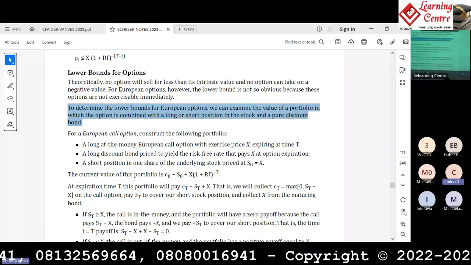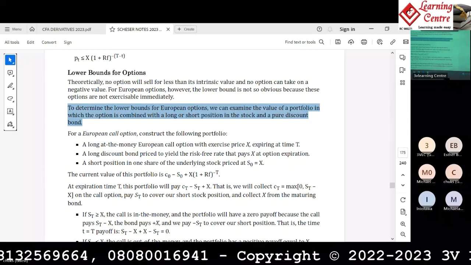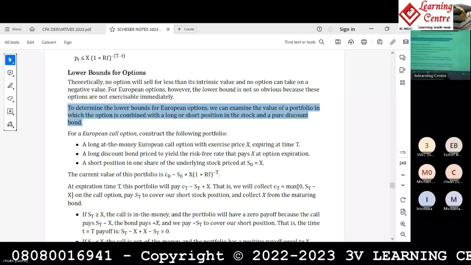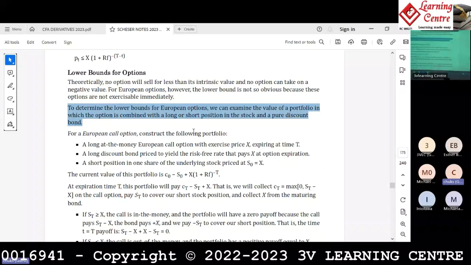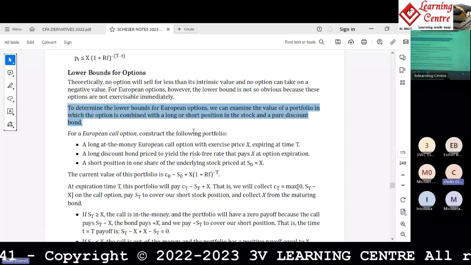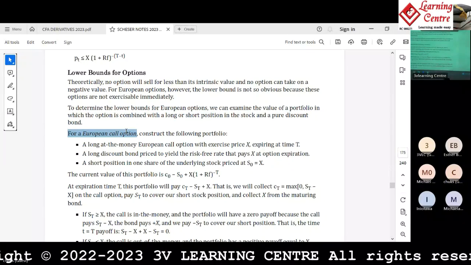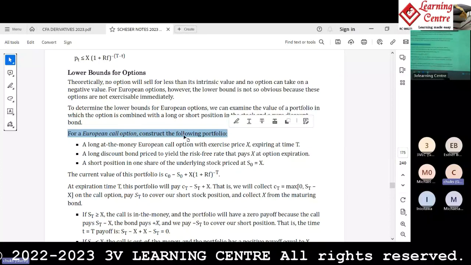remember, the put is what you want to sell, meaning you have the assets and you want to sell them. So how do you construct a portfolio that balances out? For a European call option, construct the following portfolio.